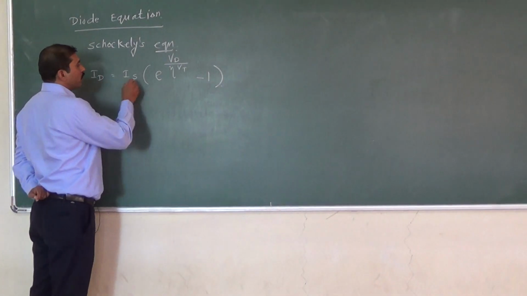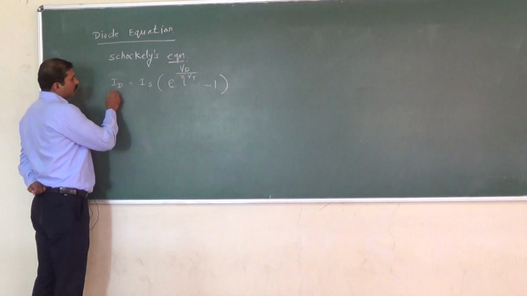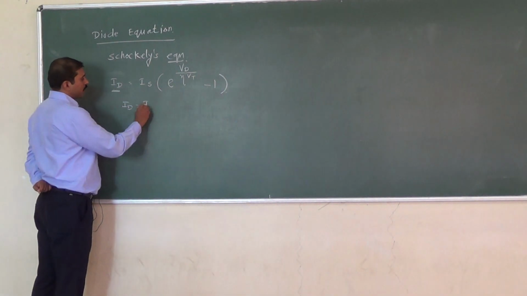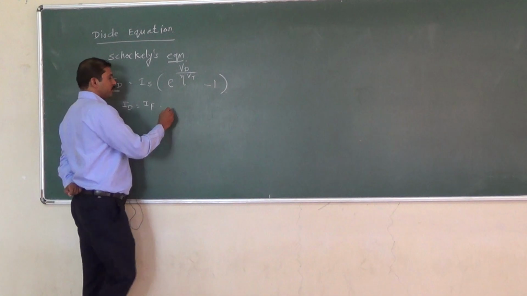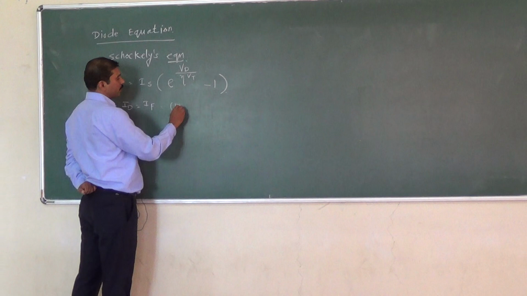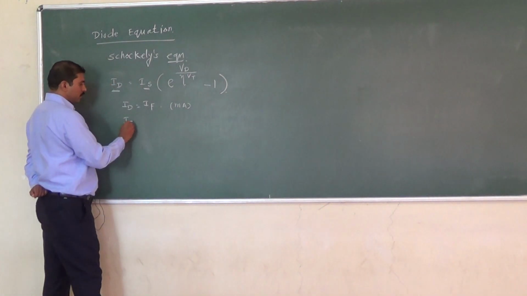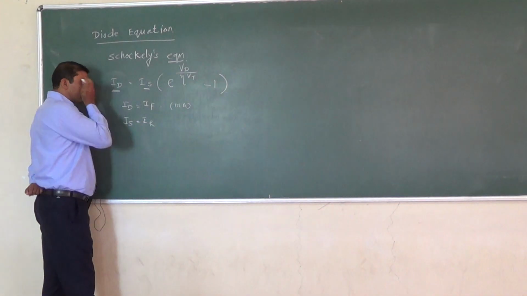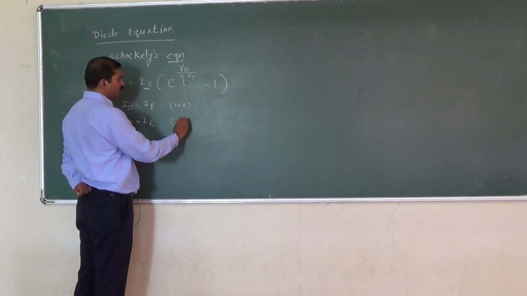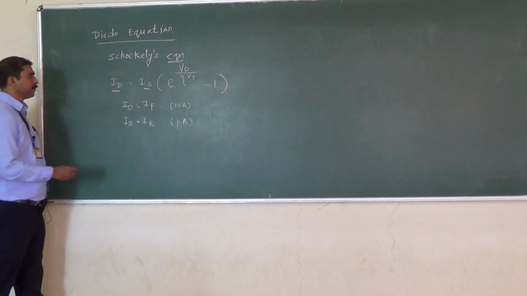Now let us see what are the terms involved in this equation. The first term is ID. ID is nothing but IF, that is the forward current that flows through the diode, which is typically in milliampere. Is is nothing but IR, which is the reverse saturation current, and it is in the order of picoampere or nanoampere for a practical diode.